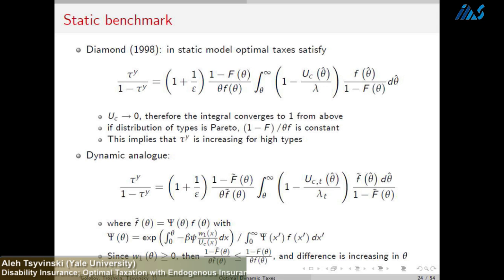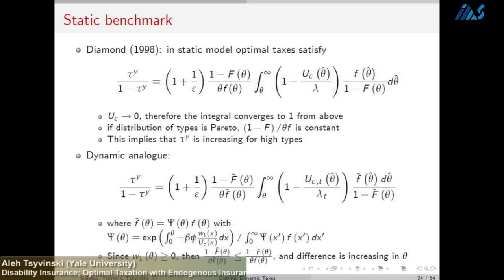The second term looks like the tail ratio, but now this is a modified tail ratio. It has in this definition of f tilde also the promised utility, or the derivative of the promised utility. And the third term also looks like the degree of redistribution.